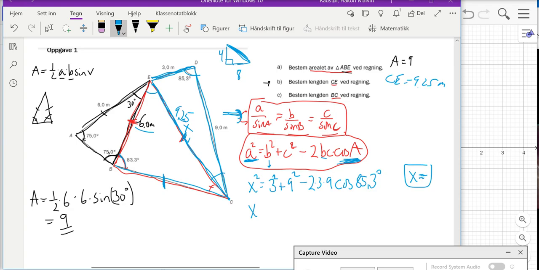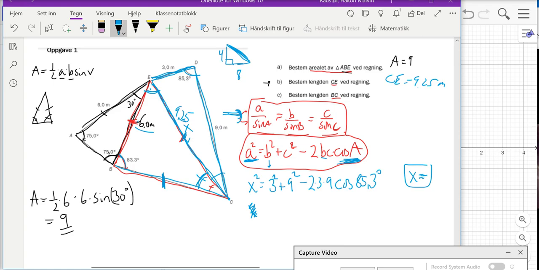But I want to show the sine rule. Actually, here we can choose. So let's use the sine rule, but we can't find this side or this angle because we don't know either of them. But I can find this angle because I know the opposite side.